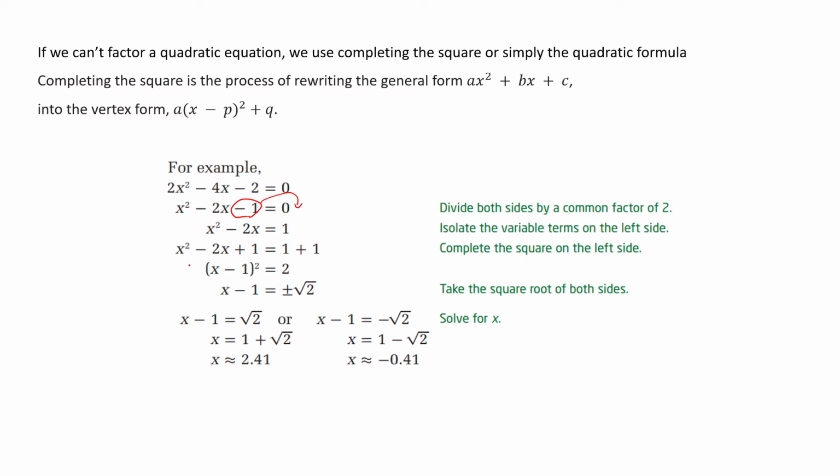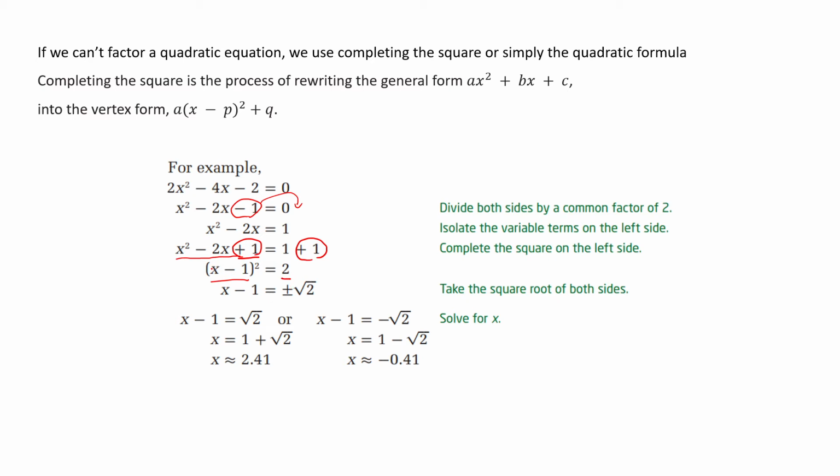That is, we have to add a number here to make the x term into a perfect square. So we know we plus 1 here, and we plus 1 on both sides to make it equal. Then the left hand side becomes a perfect square. The right hand side, 1 plus 1, is equal to 2.